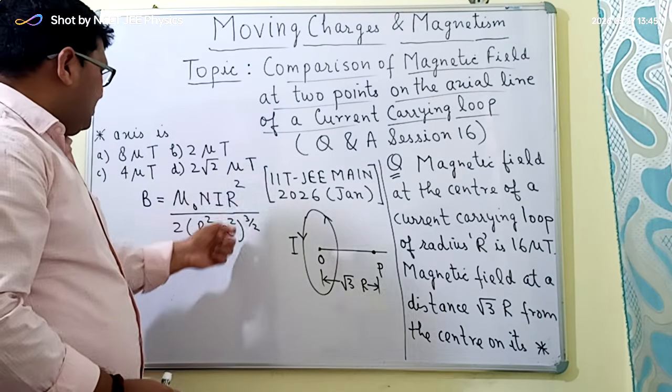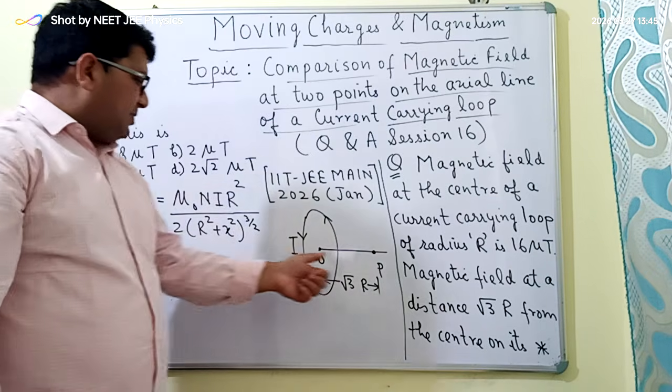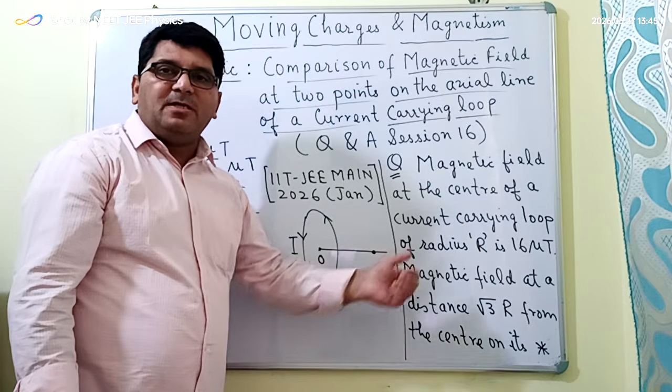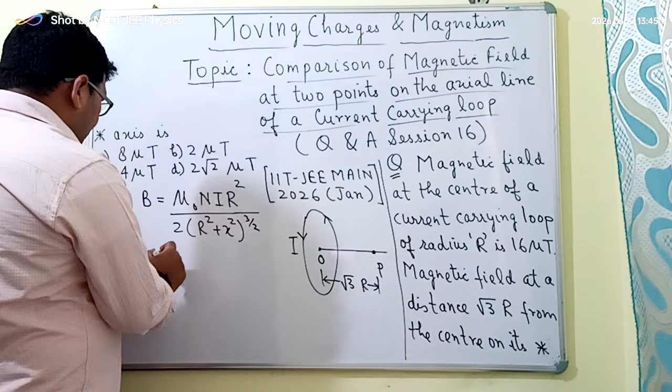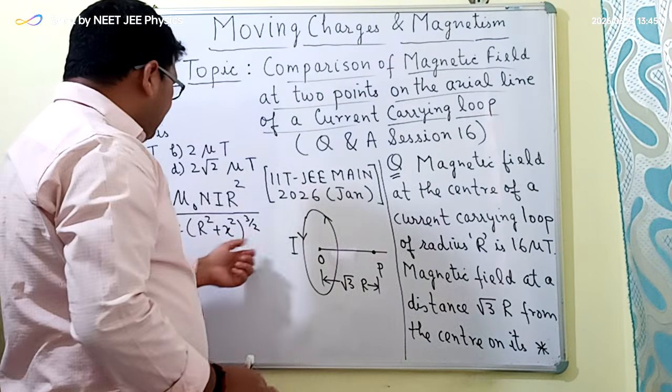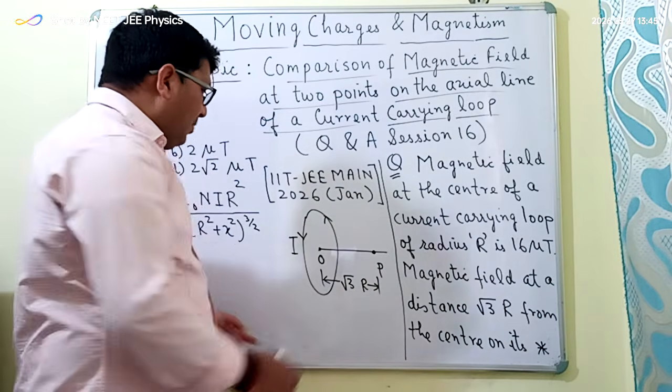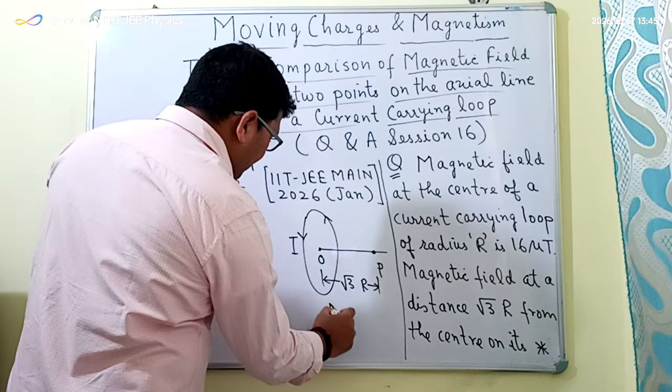Here r is the radius and x is the distance of that point from the center of the loop on the axial line. I am taking the number of turns as 1, that is n is equal to 1.